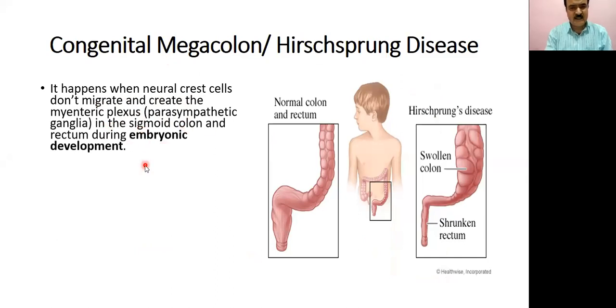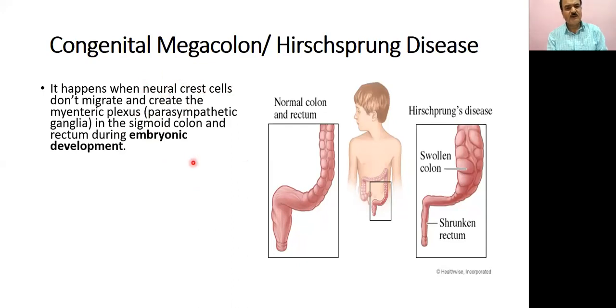So in the intestine, as you know, there is an intrinsic plexus of nerves, called the myenteric plexus, and the Meissner's plexus. The myenteric plexus is a parasympathetic nervous system there, and some portion of the colon may lack those nerves, because during embryonic life they develop from the neural crest cells, as in my theory of embryology.